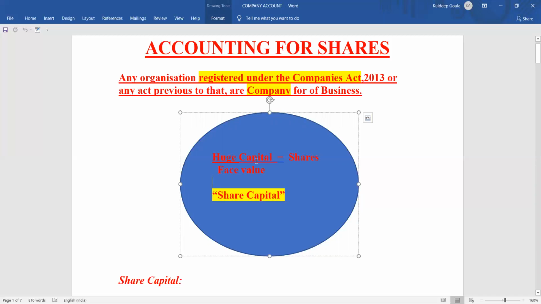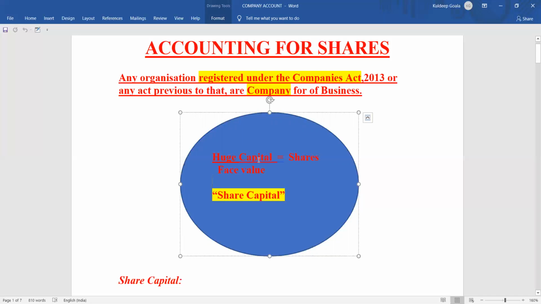Shares means the portion, the amount of portion a company has in its capital. What will happen is that a public company, it's not possible in case of a private company to invite the public.